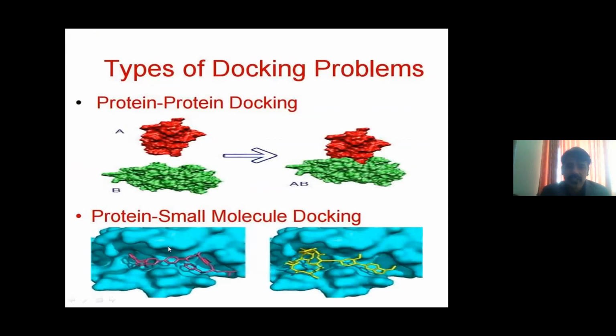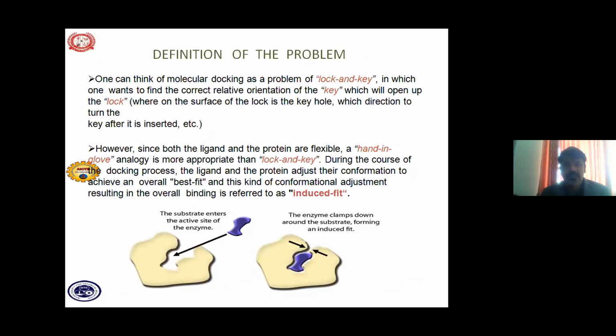This is called the cavity. Protein-protein docking usually uses Hex software, though commercial software is also available. Here two molecules go and bind with each other. In protein small molecule binding, you have a molecule and the ligand comes and binds here.